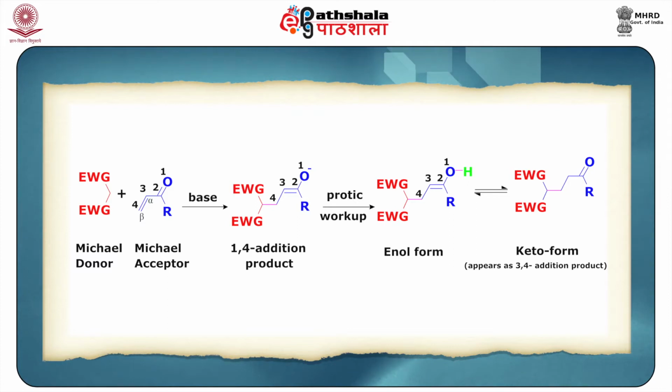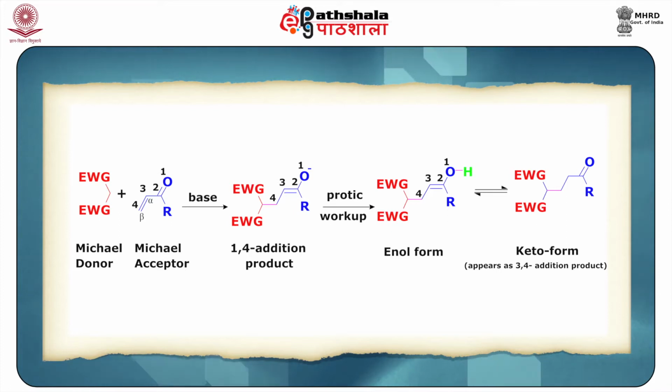As these two react in the presence of base, we get this 1,4 addition product, which further reacts with proton and gives this enol, and this enol tautomerizes into the corresponding keto form. So, that will appear as the 3,4 addition product.